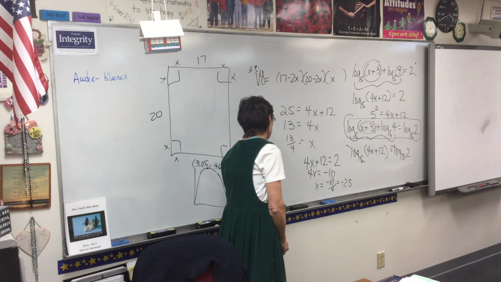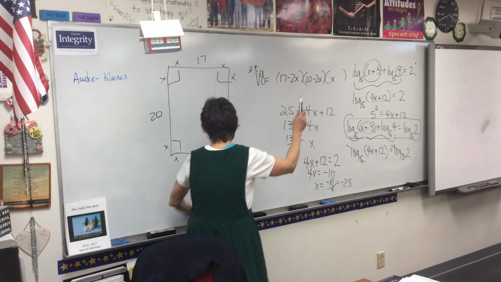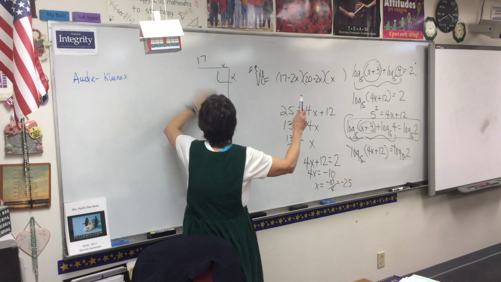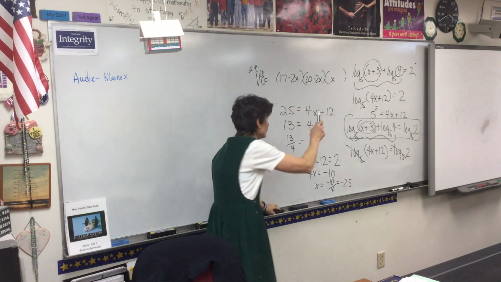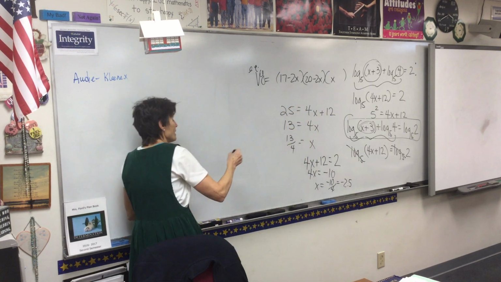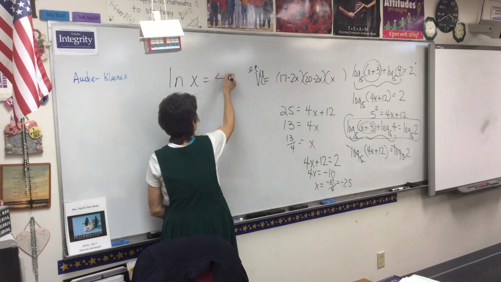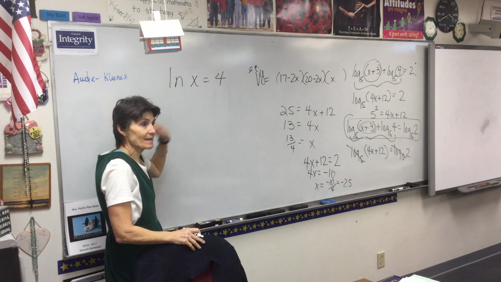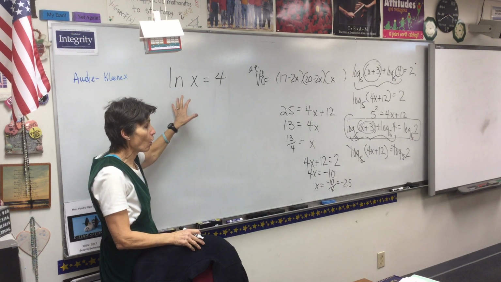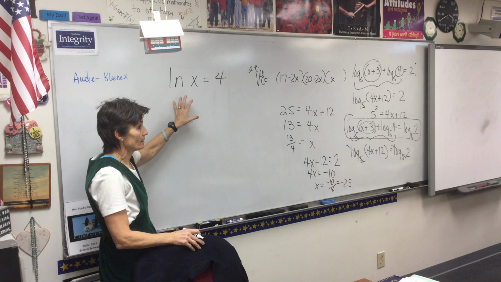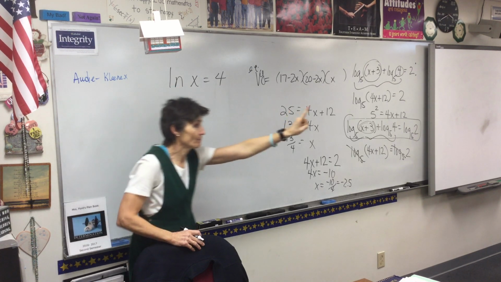Now I do want to throw out another one because we just talked about that. And if I'm reading your body language, you get that. That's not an issue. So let me give you another equation. This is exactly the same thing. This is a logarithmic equation. How many logarithms are in this equation?